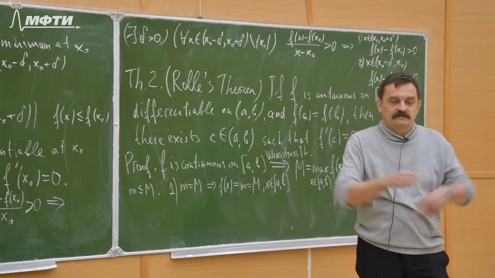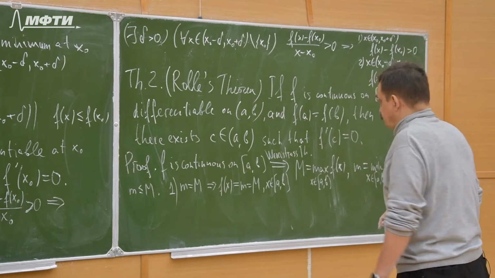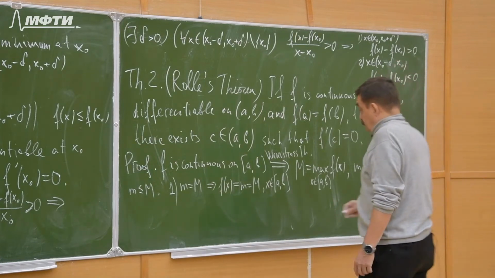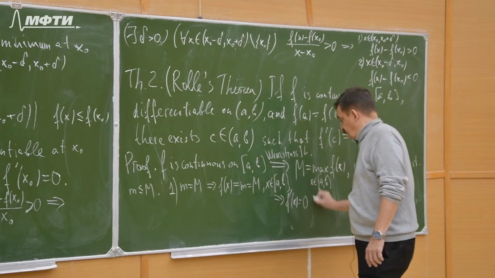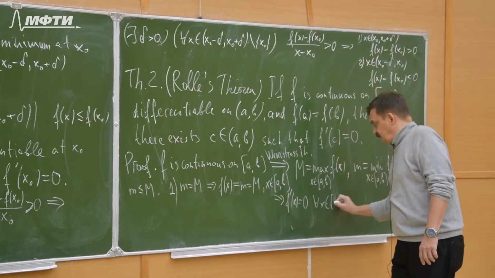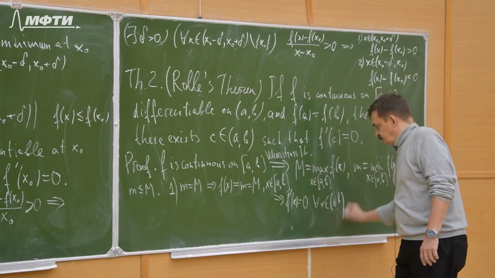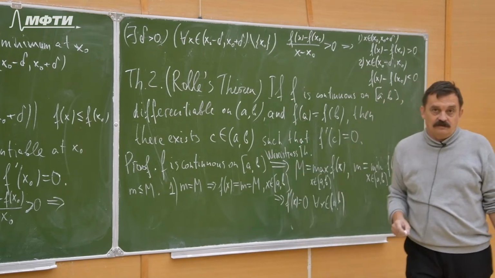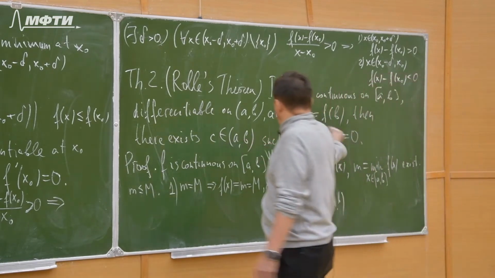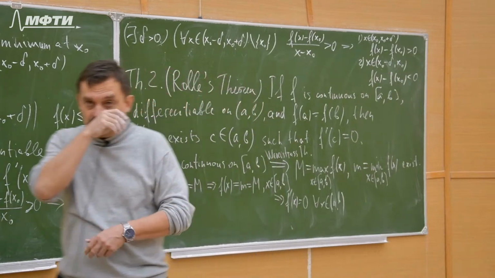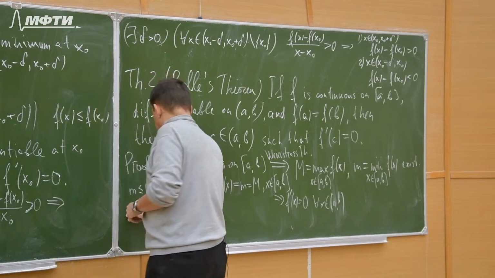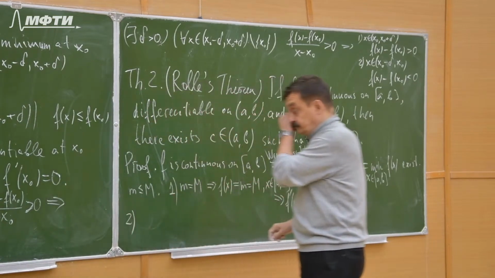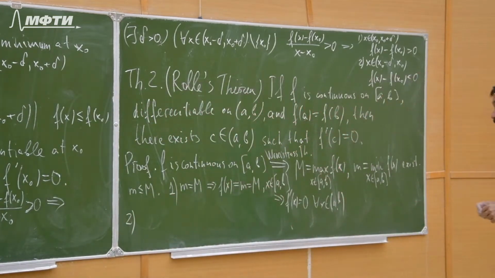And then f prime at x equals 0 for all x in AB. So an arbitrary point is suitable for us in this case, right? So, second case.